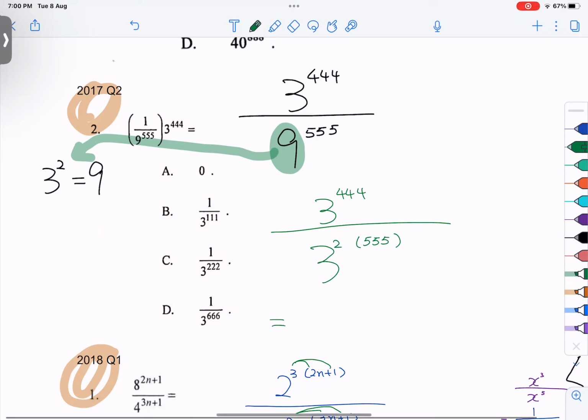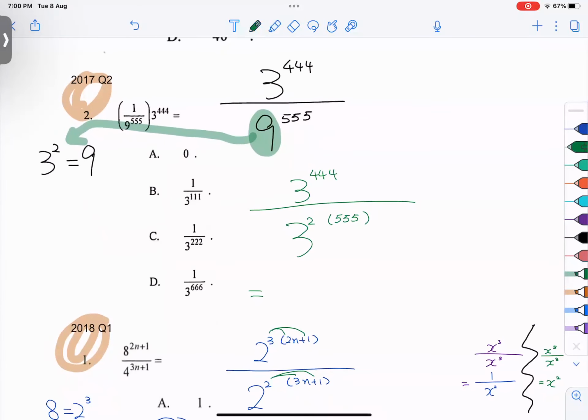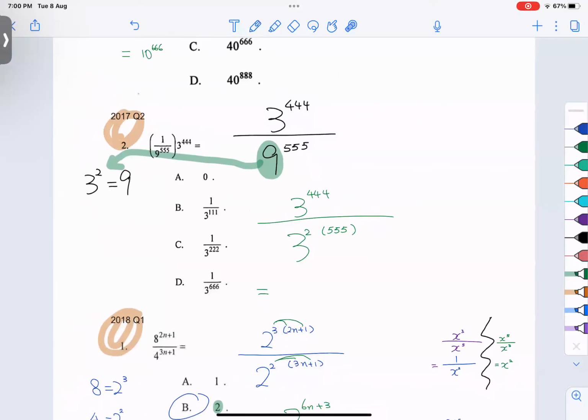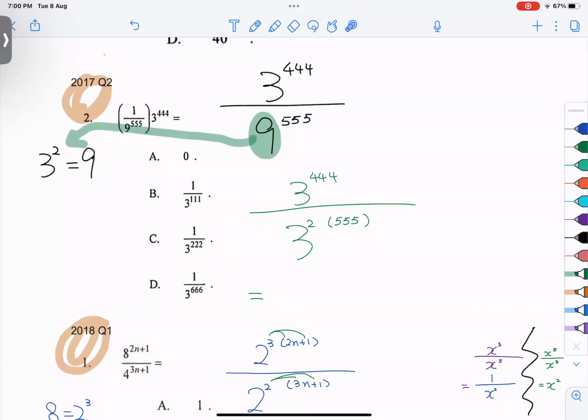Can you try to do this one on your own? There's a bracket, so multiply it. What do you get? You should be able to get it. Is it D?